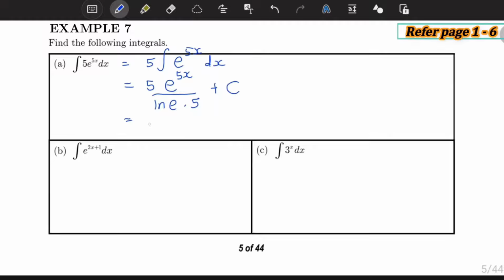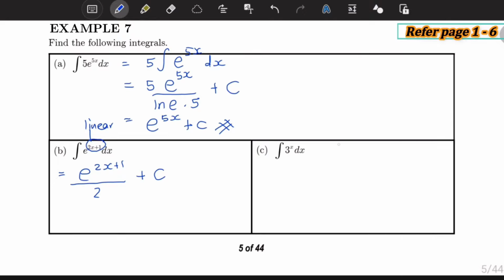And the answer is exponent 5x plus c. Next one, exponent 2x plus 1, and the power is linear, so we can integrate directly. We get copy the exponent, divide by ln e is 1 and differentiate the power, divide by 2 plus c.